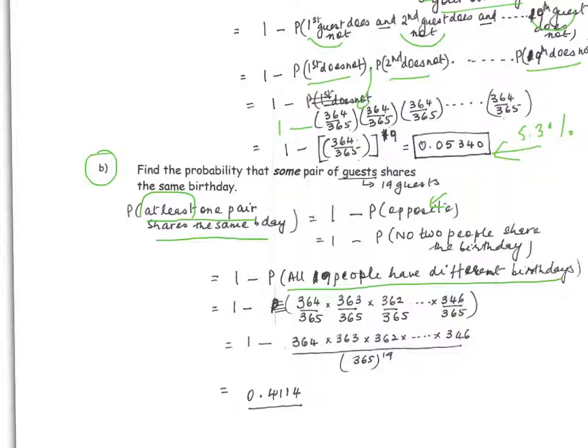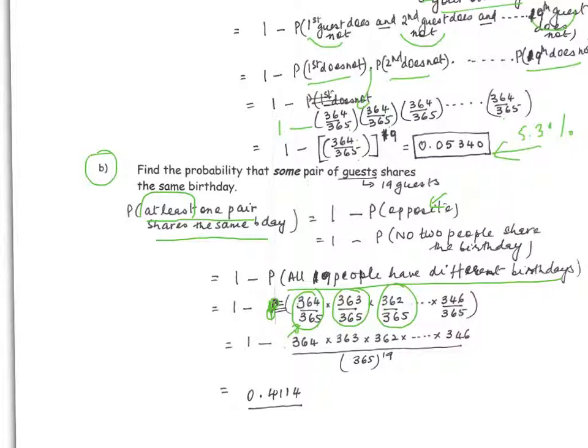So 1 minus the probability of each one of these having a different birthday is 364 out of 365, 363 out of 365. We need to start excluding the people who come before. So our first guest cannot have the same birthday as yours, so he has a choice of 364 over 365 birthdays.